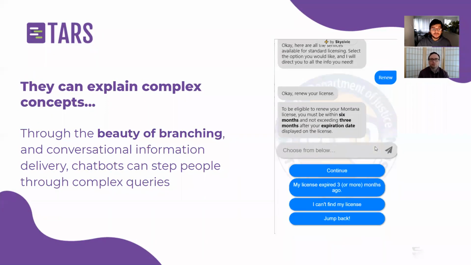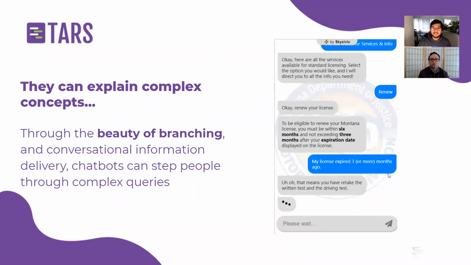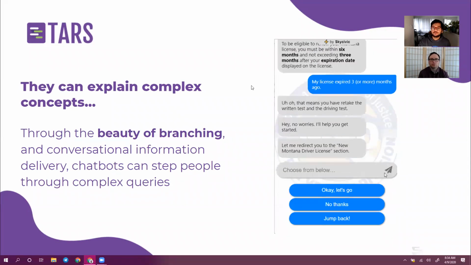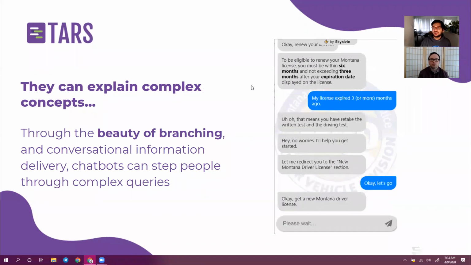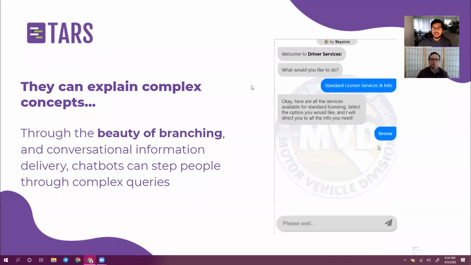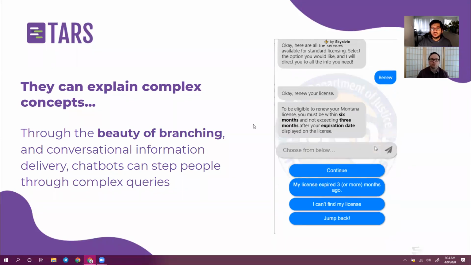Another advantage of them is that they can explain complex concepts. And there is a caveat to this, but just like Levi was saying, you can build out these very complex flows using branching. If you were there for our previous webinar, a lot of the stuff we said over there in relation to lead generation is applicable to the customer support use case as well.